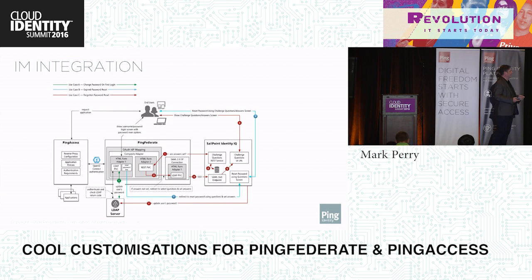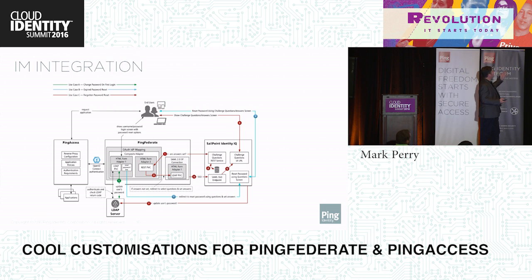And then there was the second HTML form adapter in a composite adapter, such that we would do that check via REST out to the SailPoint product. So that's the first flow, the green flow. If the user wanted to actually then make a change to their password or log in for the first time, we would check that those questions and answers were filled out.